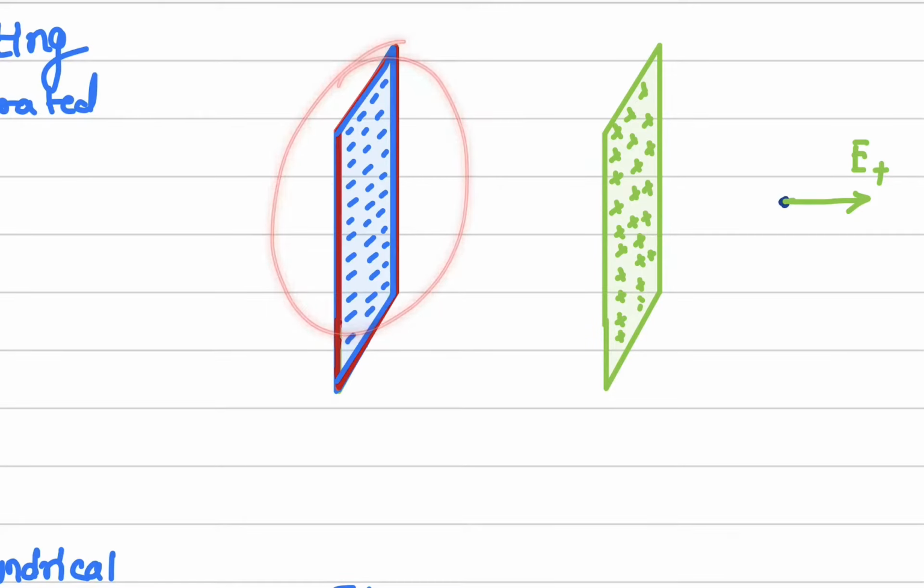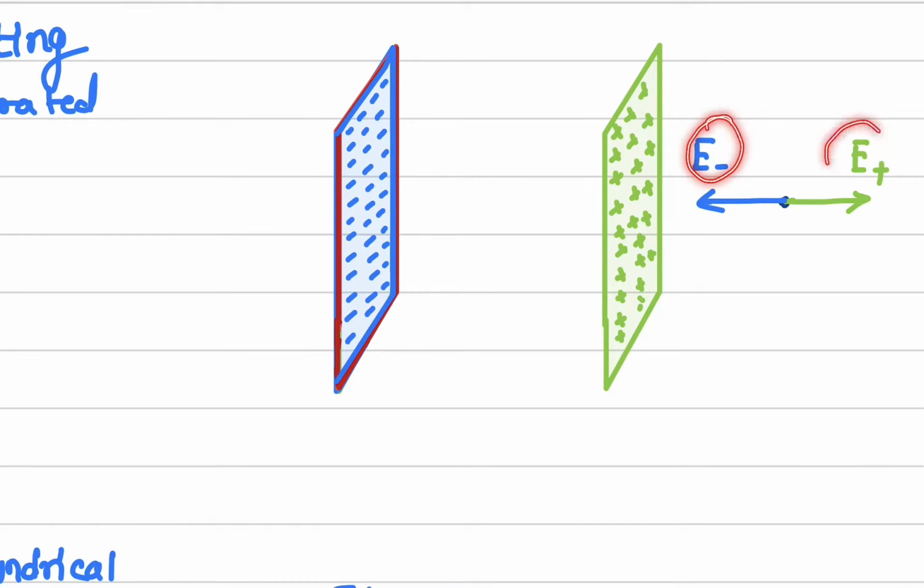This is E positive. Due to this negative charge, the electric field will be towards the negative plate. As we notice, these two electric fields do not depend on the distance. They are exactly equal in magnitude and opposite in direction.